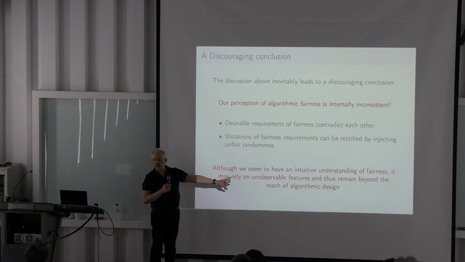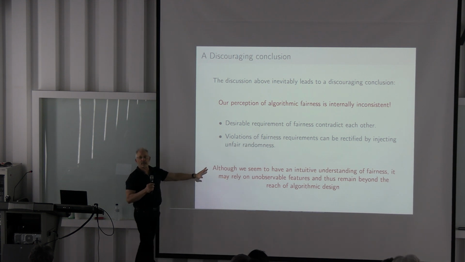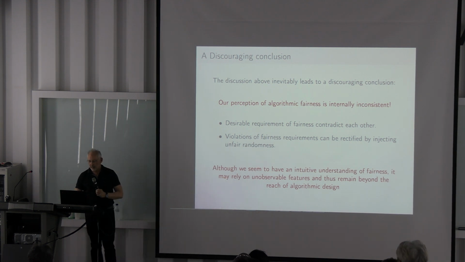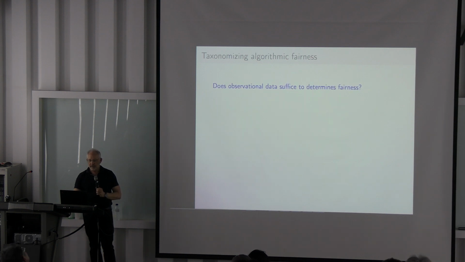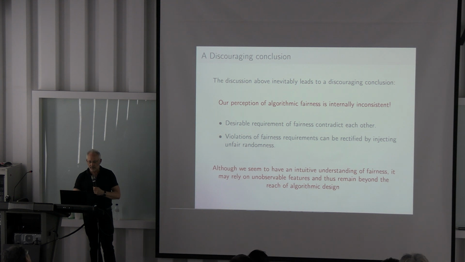But our intuitive notion of fairness often depends on unobservable features. What do I mean by unobservable features? You can ask, does observation suffice?